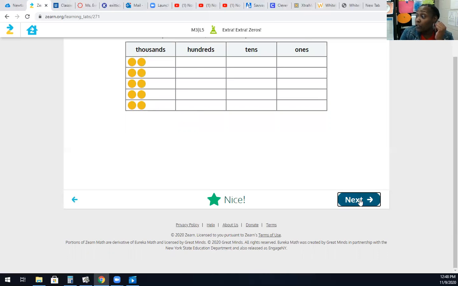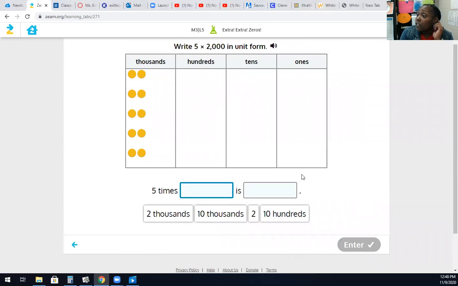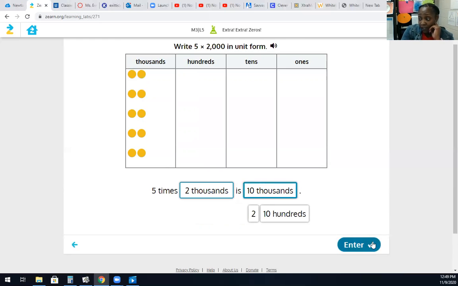We're doing this, I'm telling you. So now, remember we talked about unit form. It's asking me 5 times what? 2,000. 2,000 in unit form is 2 thousands. 5 times 2 thousands is how many thousands? 2, 4, 6, 8, 10. It's 10 thousands.